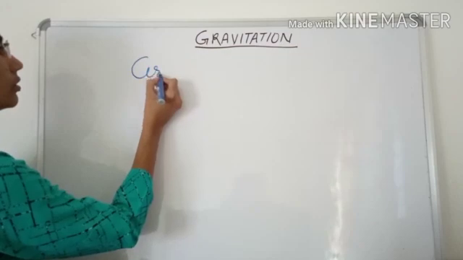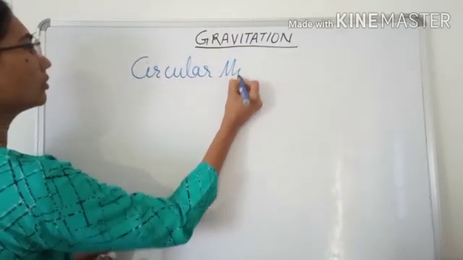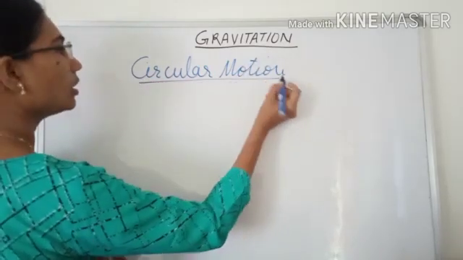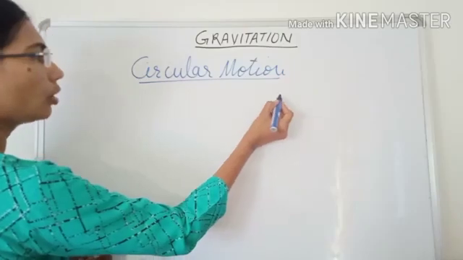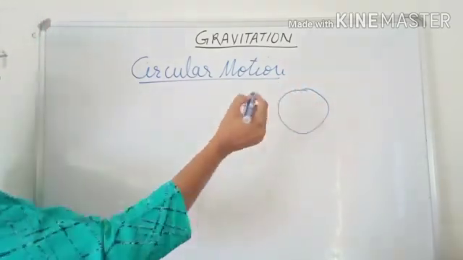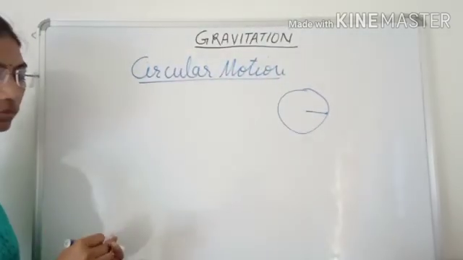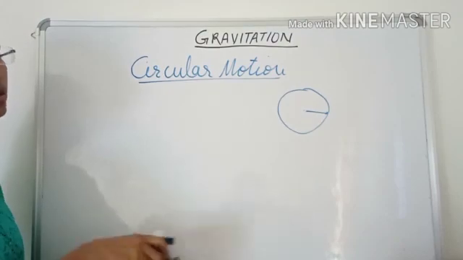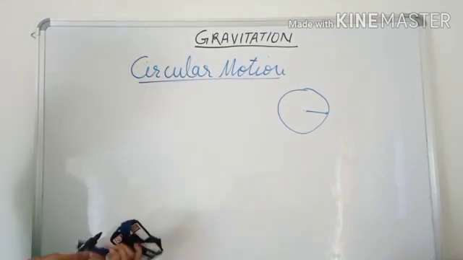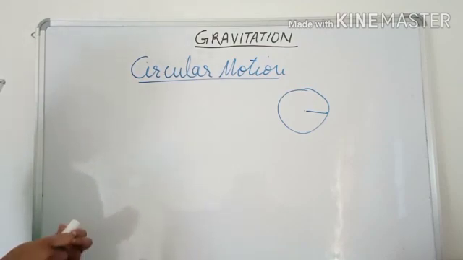Circular motion is a motion in which objects move in a circle or circular orbit, right? If an object moves in a circle, then it is known as circular motion.